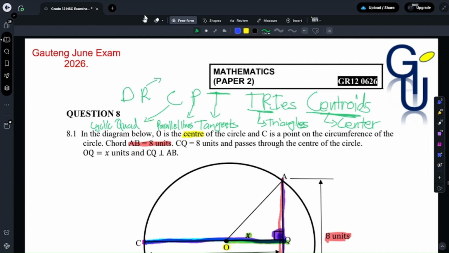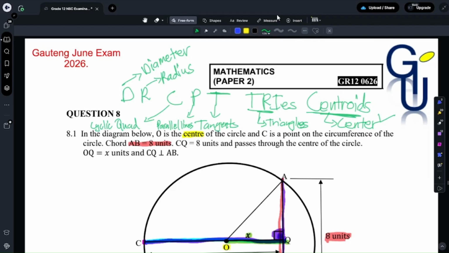And my R is radius. And lastly, my D obviously is diameter. You want to check whether you are given a center. You are given a center O, so you can go ahead and tick that you've got a center.